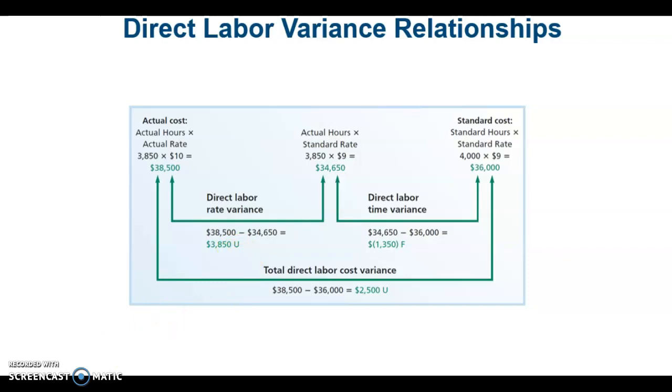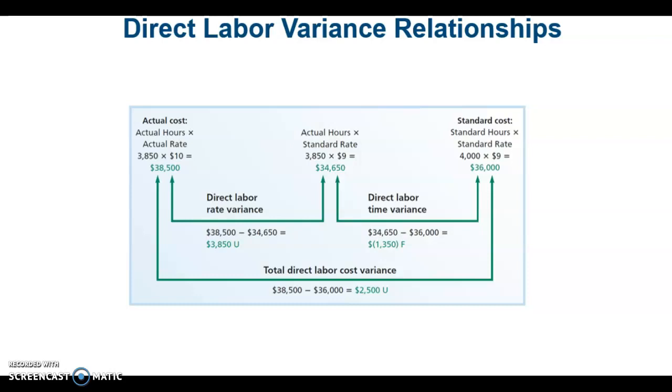So this could help managers in a lot of different ways. They would look at these variances, and it could show that they are not scheduling them properly, that they may have some people that are working and not able to be efficient, and we may have overscheduled.